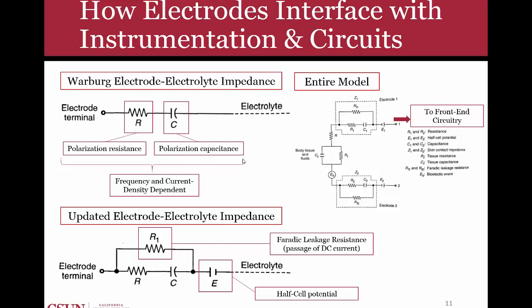But more accurately, you're going to use the one down here, where you have some resistance capacitance, half cell potential, and you even have some leak resistance for the passage of DC current. So we would use this impedance here to basically model the impedance of an electrode skin interface.